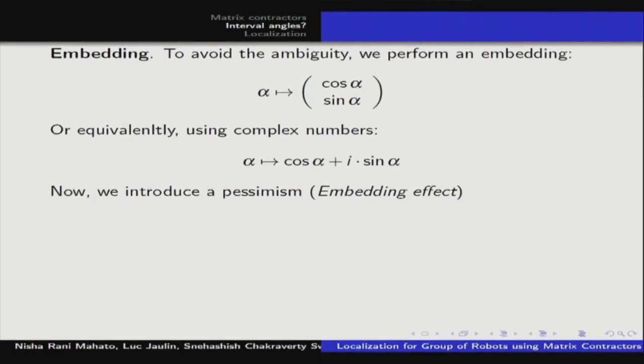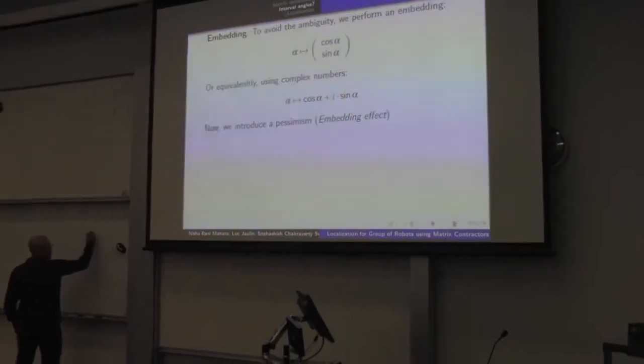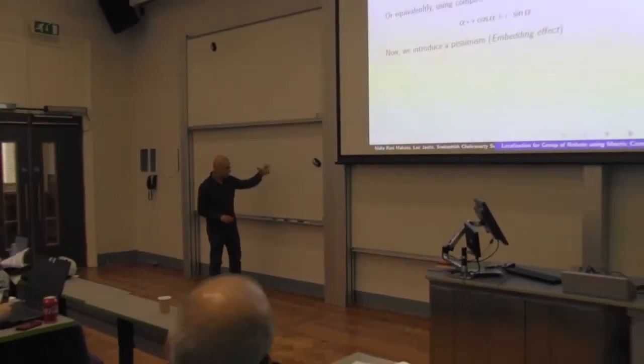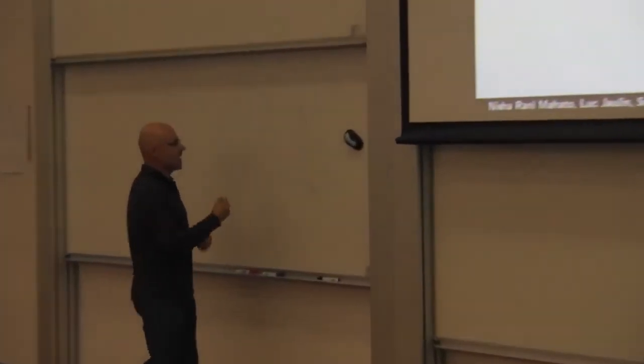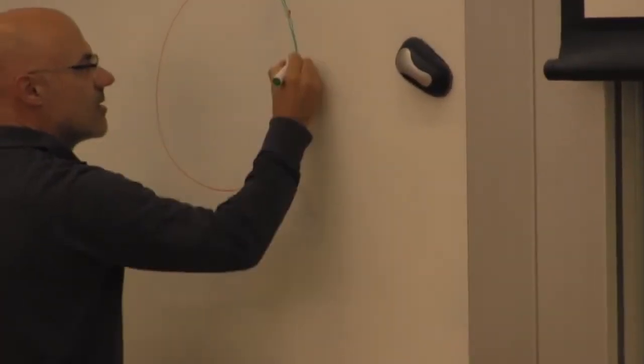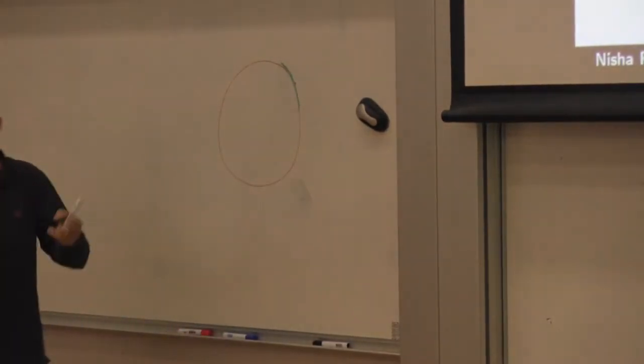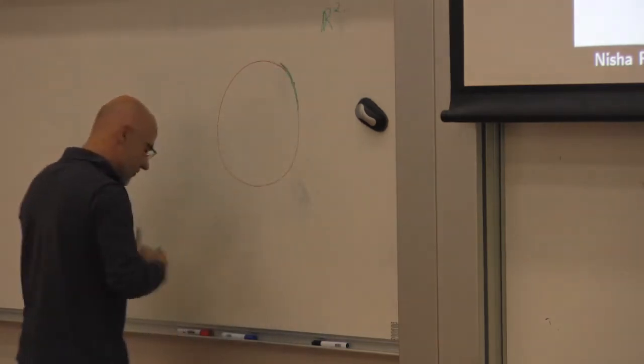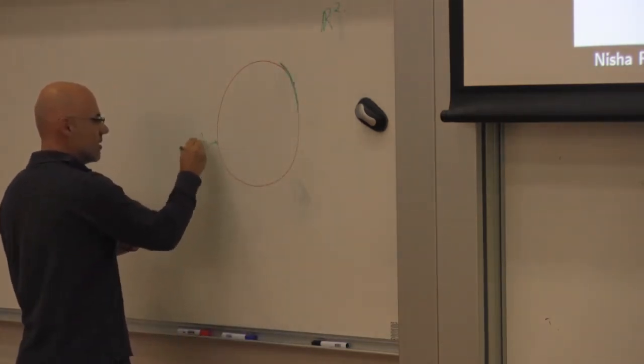Okay. Now what I said is that angles are a Riemannian manifold, and usually if we want to use interval methods, we have to use an embedding. So it's like an immersion, as I showed before, but which will be injective. So here I represent an angle as a point on the trigonometric circle, and if I have an uncertain angle like this, which would be an interval of angles, I could represent it in R2, whereas the set of angles corresponds to this.